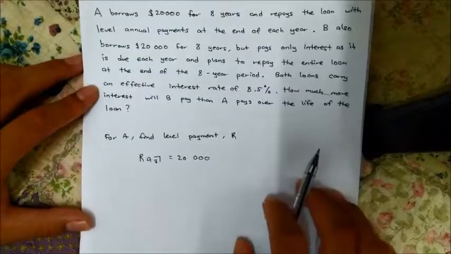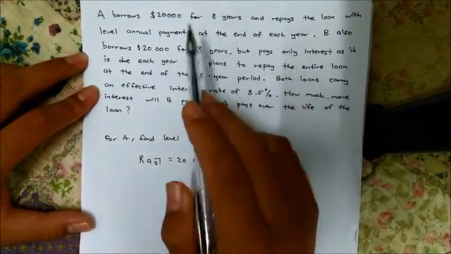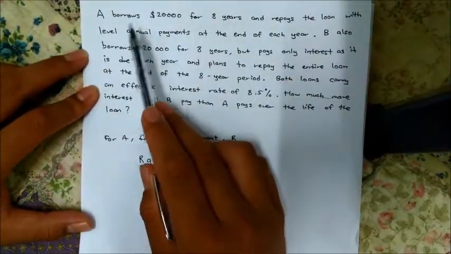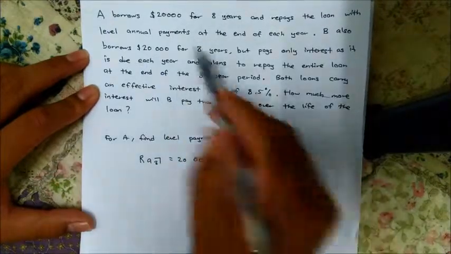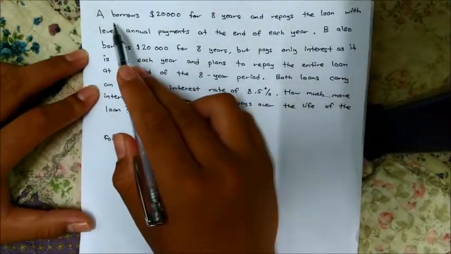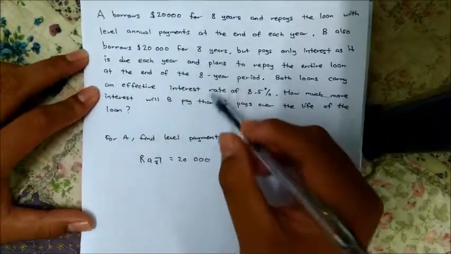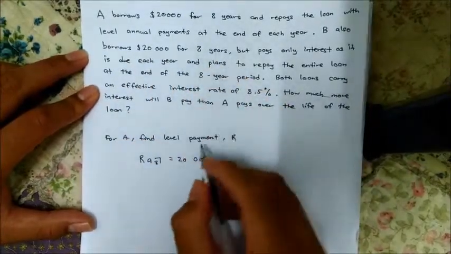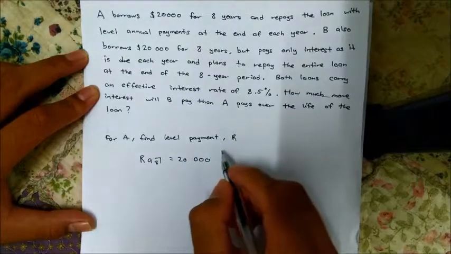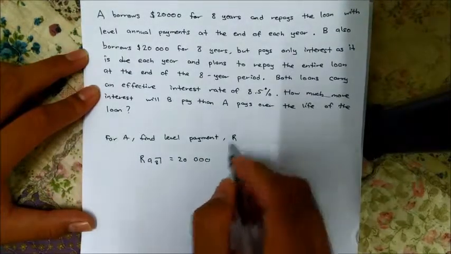Alright, so first things first, we need to identify the repayment methods of A and B. As you can see here, A is using the method of level annual payments. So we need to find the level payment, which is denoted by R, first.